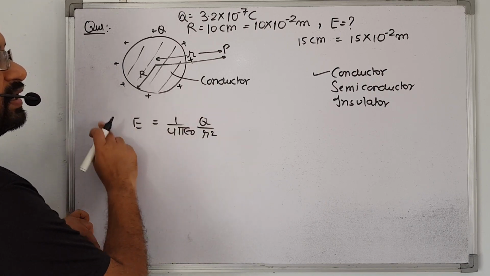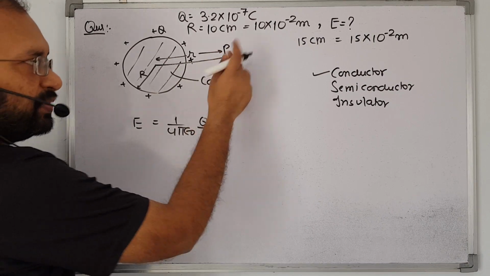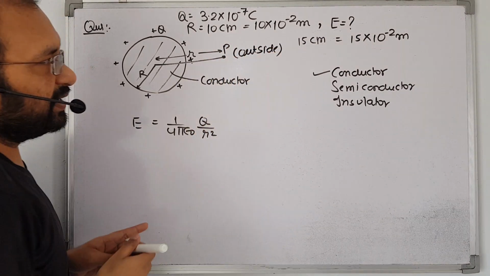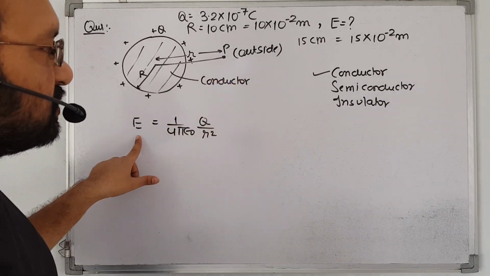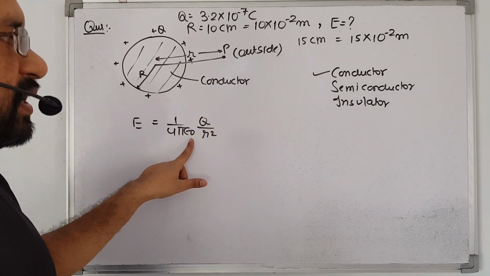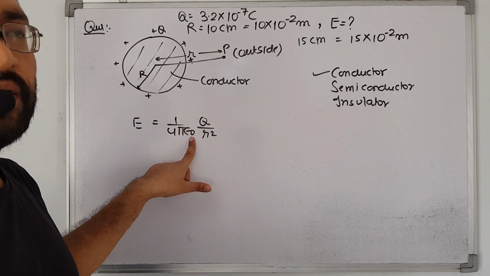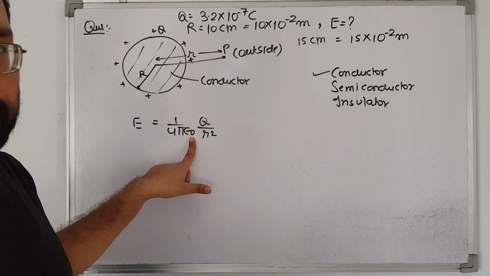So electric field at point P, because point P is outside, will be E = 1/(4πε₀) q/r². Epsilon naught is called the permittivity of free space.